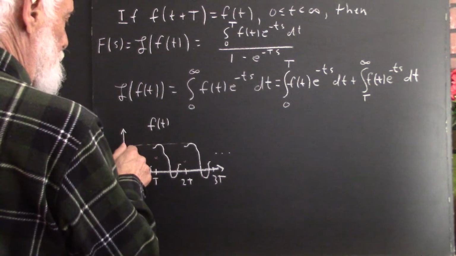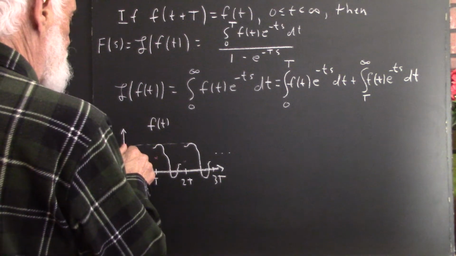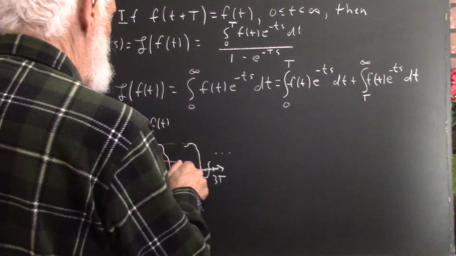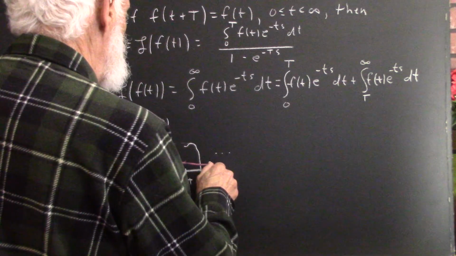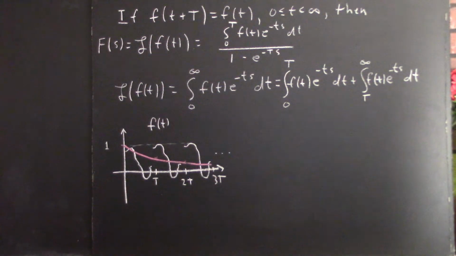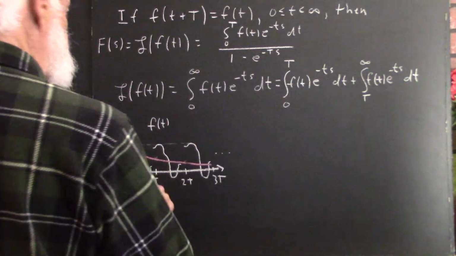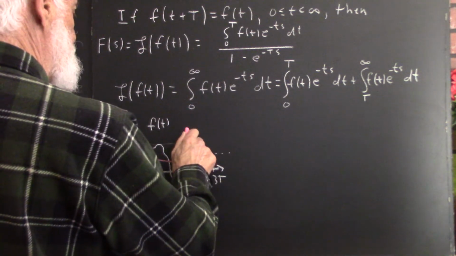Okay, so I'm going to draw now an exponential function. Okay, there's a graph. It's supposed to represent the exponential function e to the negative ts.